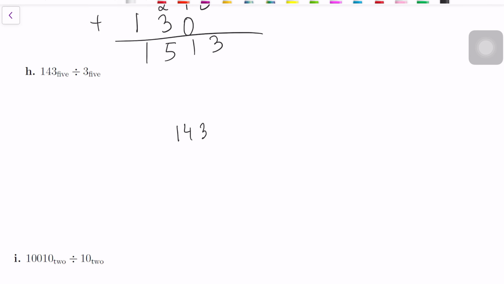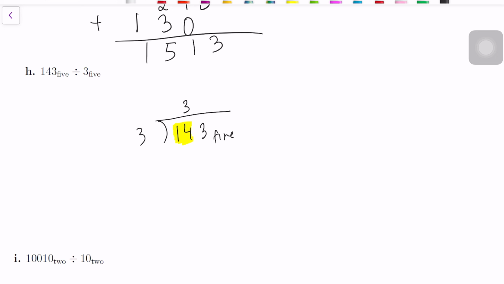Okay, let's look at 1 4 3 5 divided by 3. I'm going to try to use the standard algorithm. I know I won't fit 3 into 1, but what about into 1 4? In base 5, that's 1 long, which is 5 units, and 4 units, so that's 9, really. So I should be able to fit 3 times.